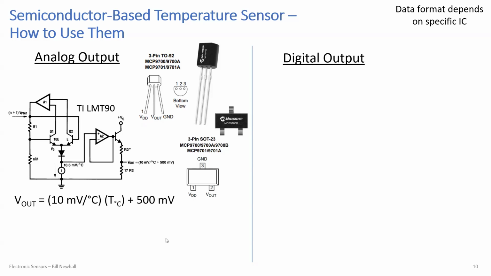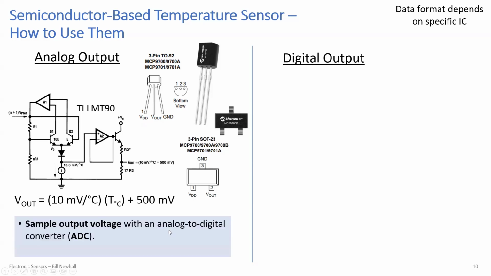So to use these as you're doing in lab, you sample the output voltage with an analog to digital converter and read that with a microcontroller. Or again, you could measure the output with a voltmeter and tell the temperature. And then you amplify and offset if needed to match the span of the ADC.